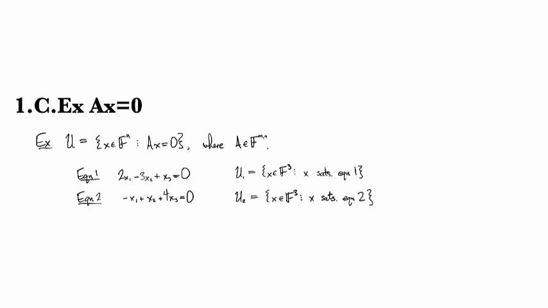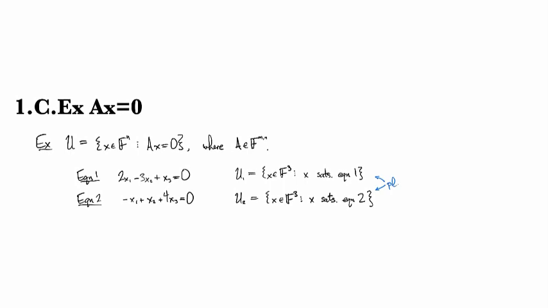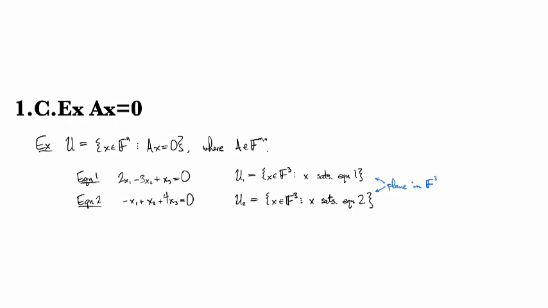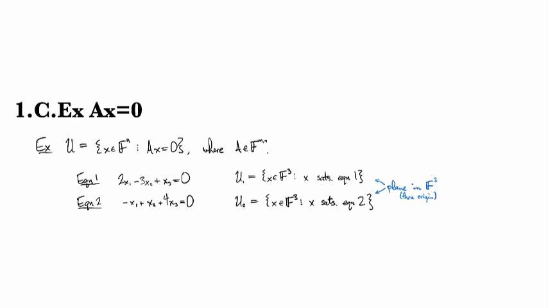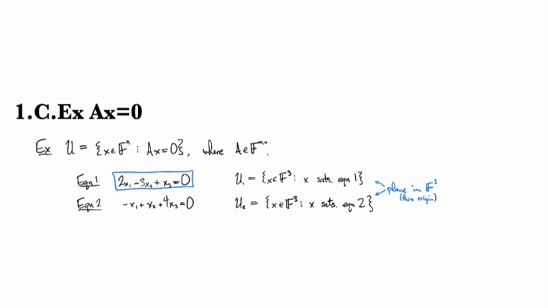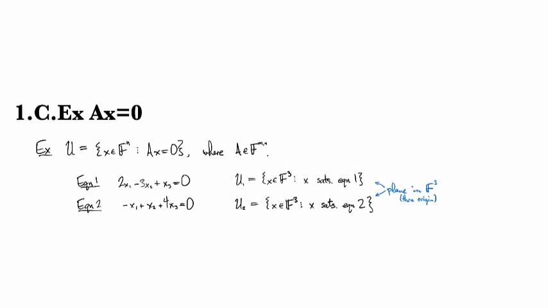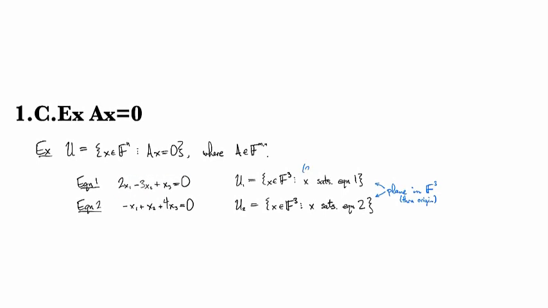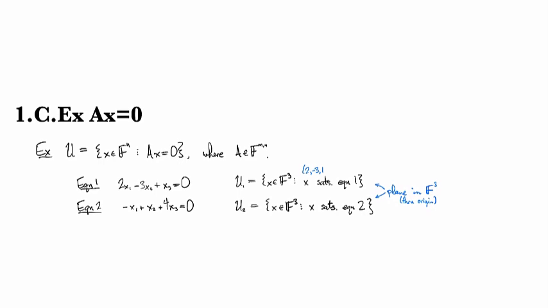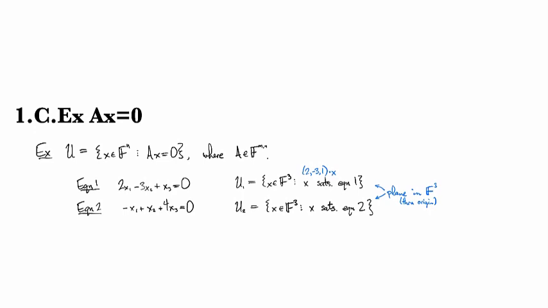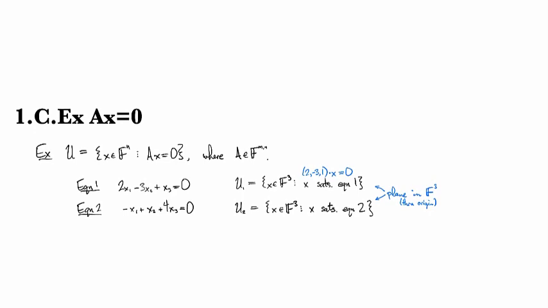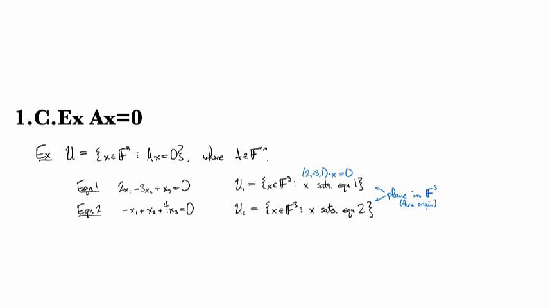Okay, and so then what we have is that each one of these is going to be a plane in F3, a plane through the origin. And in fact, if you look at this equation right here, you'll see that it can be rewritten as (2, -3, 1) dot product with x equals 0, and that is in fact the formula for a plane, right?